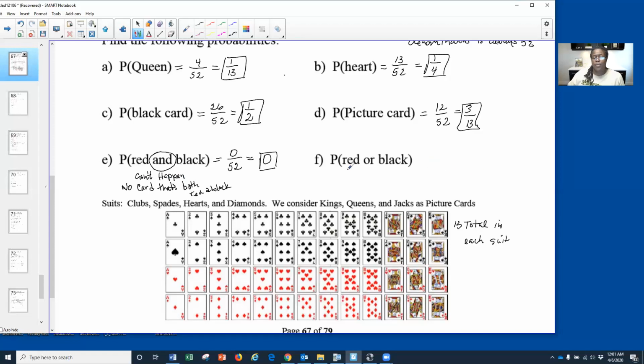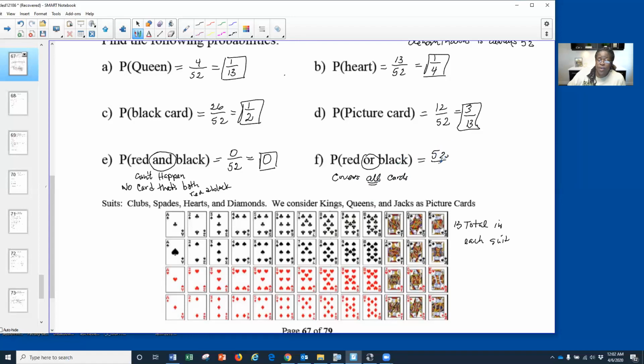Then we have the probability of picking a red card or a black card. Now, "or" means we're going to take into consideration that we can pick a red or a black. So that means combining the two. You can pick a red or black. That would be every card in the deck. So this covers all cards, right? All the cards in the deck would be all 52 of them.